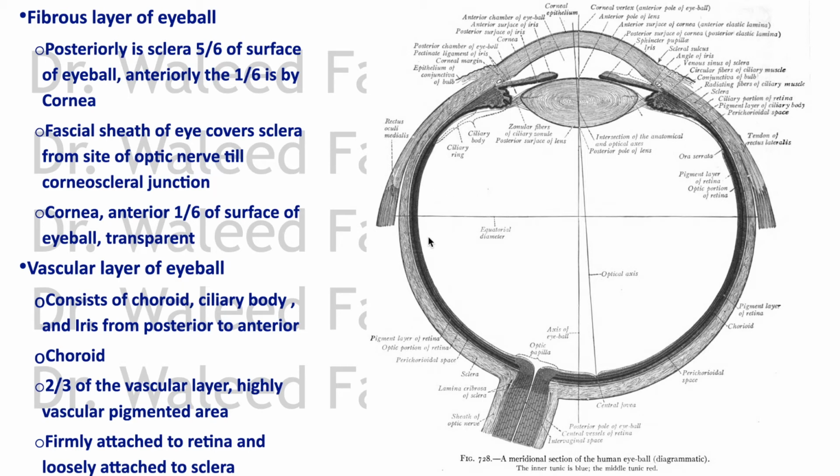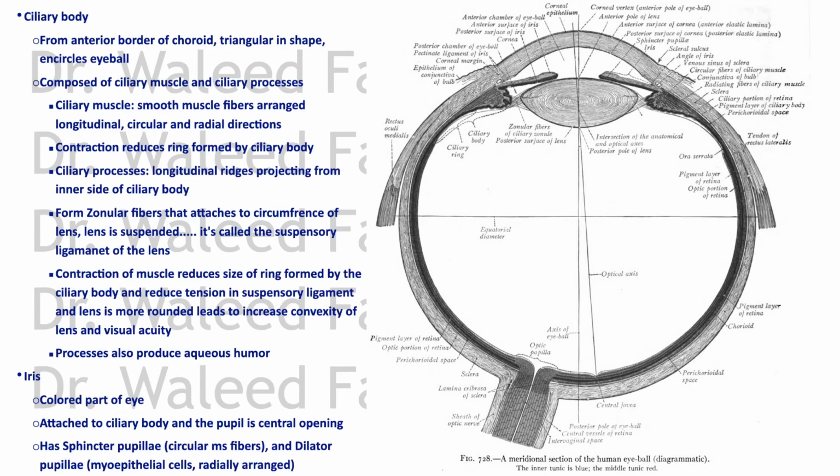Okay, this is the continuation of the vascular layer of the eyeball, and of course the iris, which is the color of the eye, is a continuation of the vascular layer. The iris contains, by the way, the constrictor pupillae at the edge, while along its length it contains the dilator pupillae.